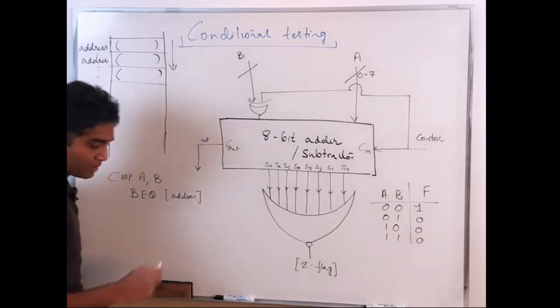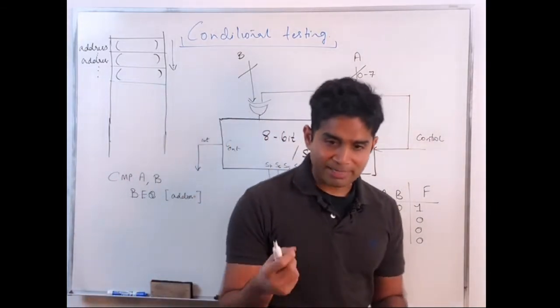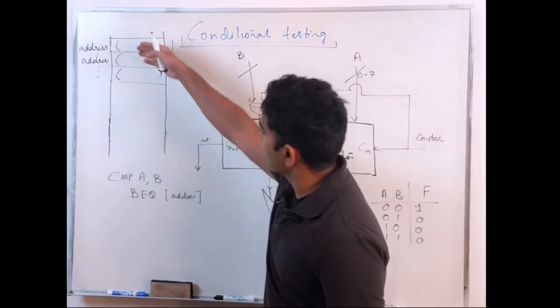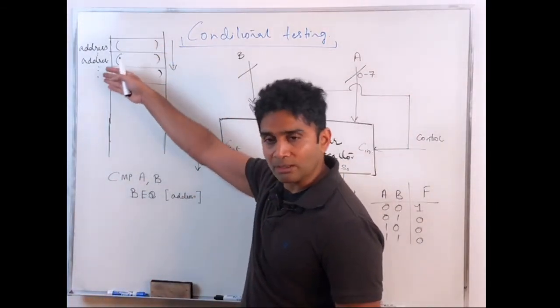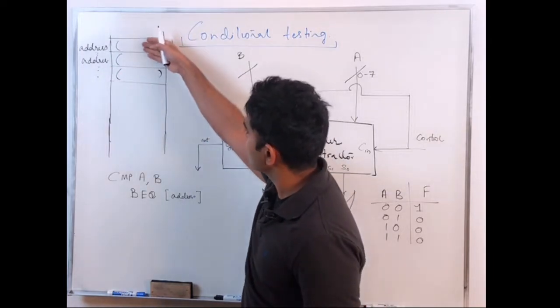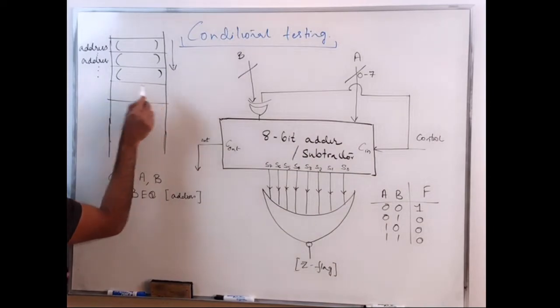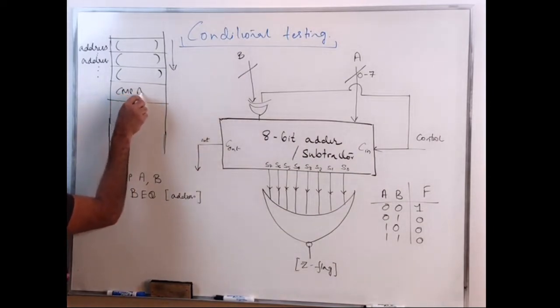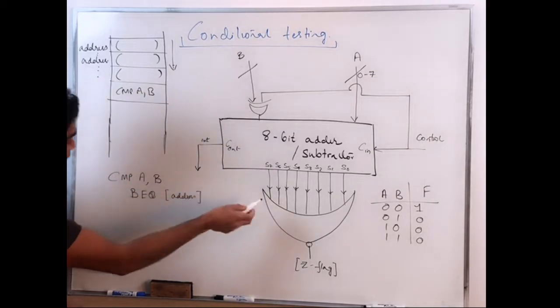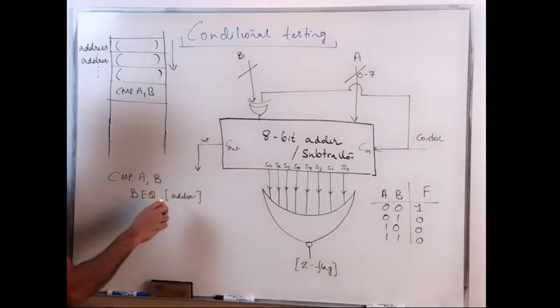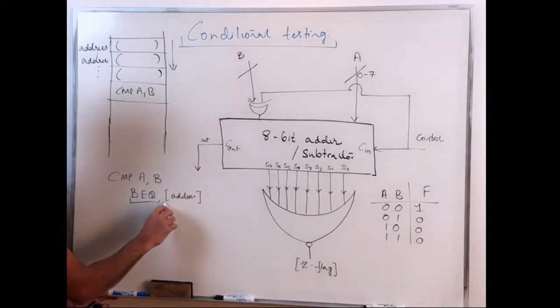So basically, as the name suggests, with the branch statement, you're executing the code sequentially, going from one location to the next, and then you encounter this conditional testing code here. Let's say compare A, comma B. Of course, in this case, you're doing this A minus B operation, and the next instruction is branch is equal to a different address.